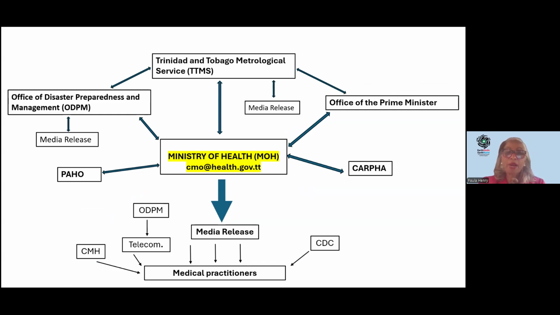And we as health practitioners, as you see here, we get our information via the media release, like everyone else. We get it at the same time. And the health practitioners say quite often we get the media release too late, and sometimes the message is not as accurate as we would like.